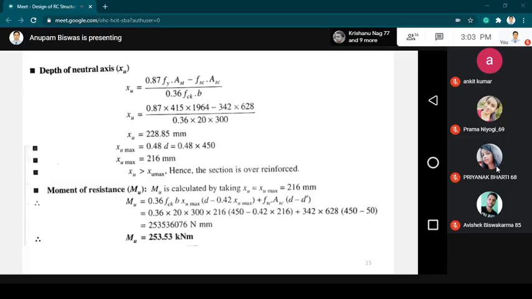Using this we have to find the value of Mu. The equation you know: Mu equals 0.36 fck b xu max multiplied by d minus 0.42 xu max, plus FSC into ASC multiplied by d minus d dash. Okay, all these equations have been derived in the previous class. All of you know how it comes. So this is just a very simple example for carrying out the design of a doubly reinforced beam.